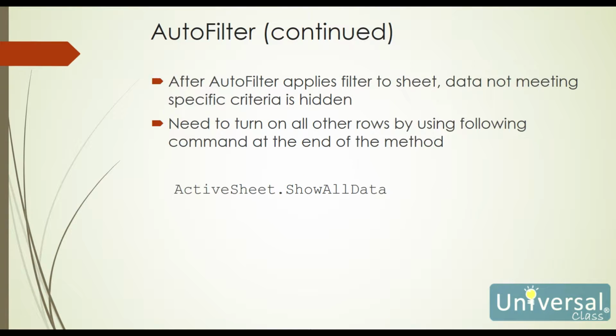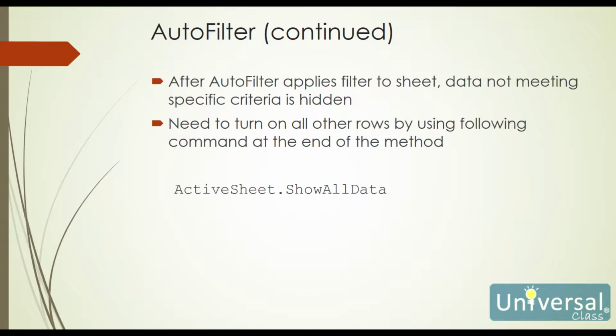One of the problems that you'll encounter is that when you use the AutoFilter, it automatically will hide all of the rows that do not meet the specific criteria. So what we need to do is turn on all of the rows at the end of all of our conditional statements by simply stating ActiveSheet.ShowAllData.